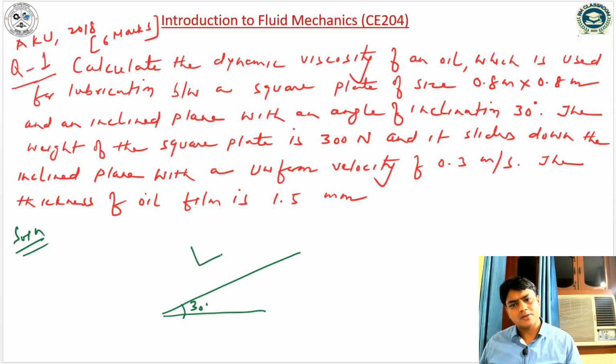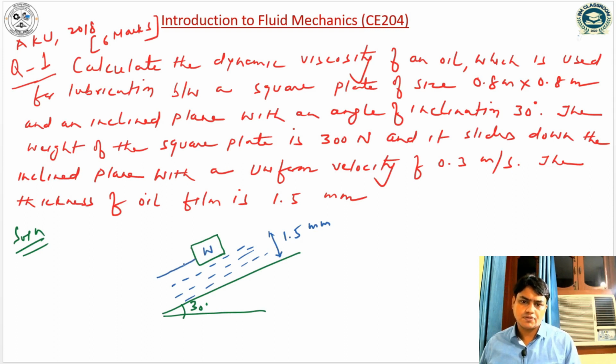This is the square plate, and let us assume this is the oil fluid, having a thickness of 1.5 mm. This is the weight, so this component is W sine 30.